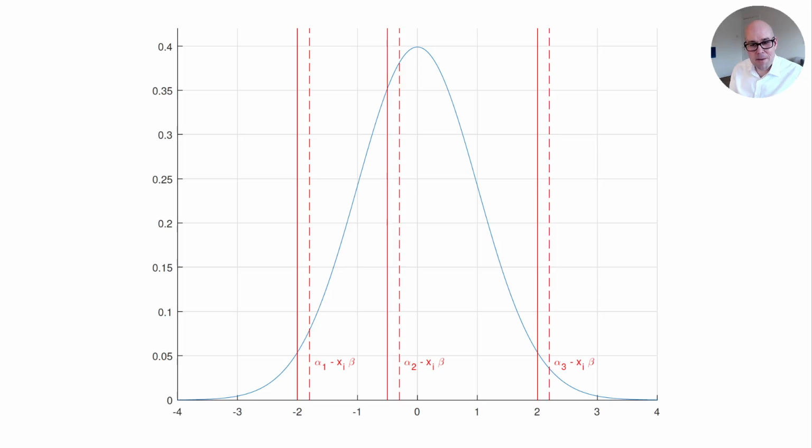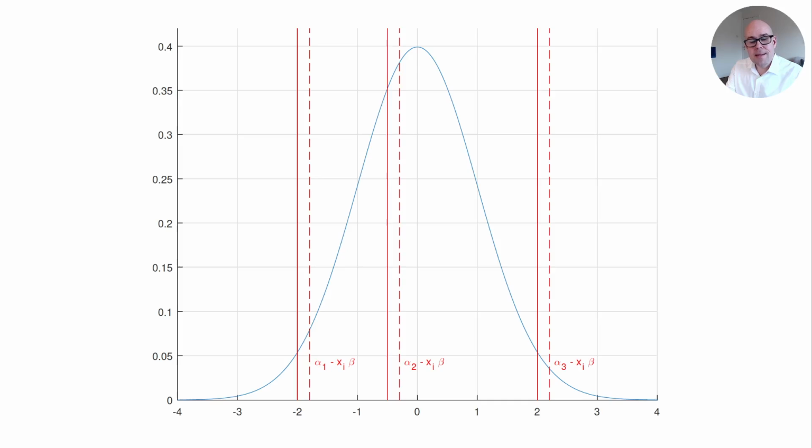What will then happen once I increase xi a little bit is that these three thresholds will all move to the left because I'm subtracting more from alpha 1, alpha 2, and alpha 3. Okay, so I'm going from the dashed lines to the solid lines here, here, and here.